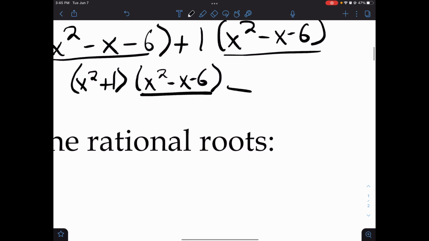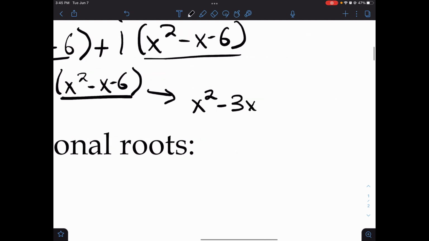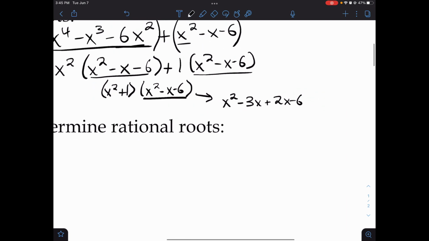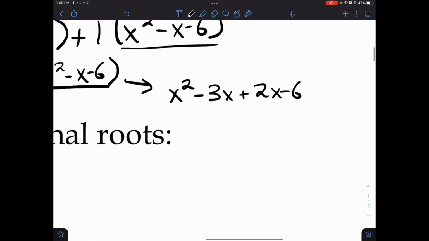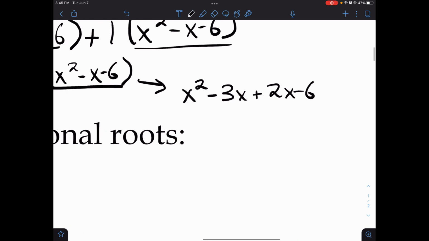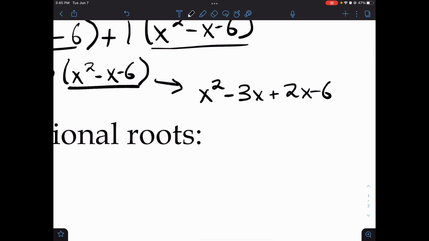So we can factor this, let's do it by grouping again. Let's do x squared minus 3x plus 2x minus 6, because negative 3 times 2 is negative 6, and negative 3x and 2x add up to a negative x.